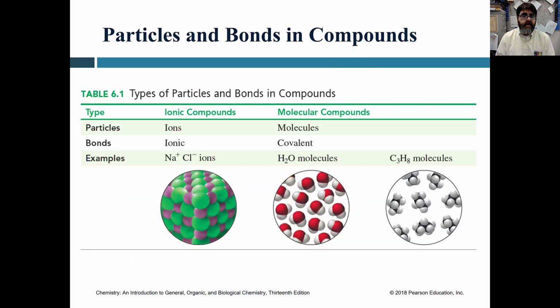Now, despite introducing ions there, they give you a decent summary table here of the different types of things that we have. Ions that form ionic bonds, and a classic example of this is Na and Cl ions, Na plus and Cl minus, or sodium chloride, also known as table salt.